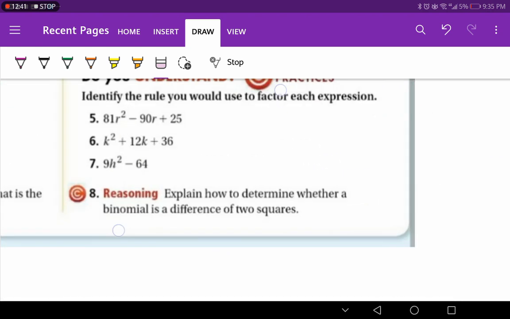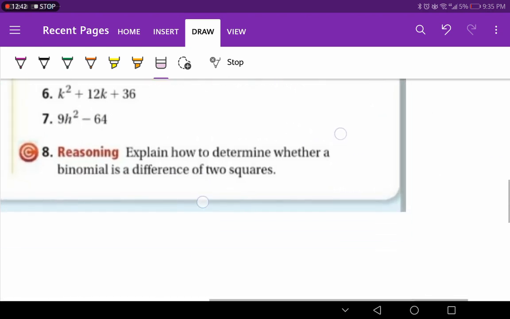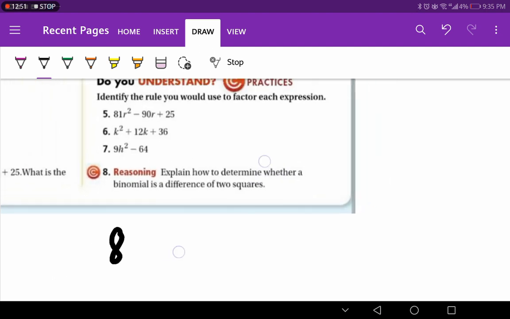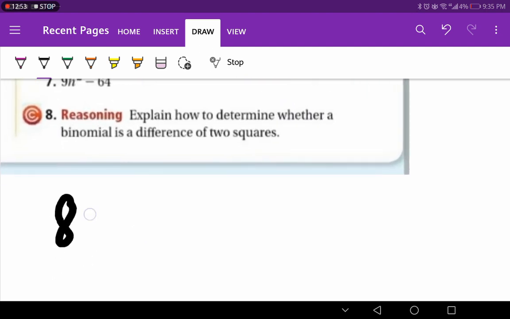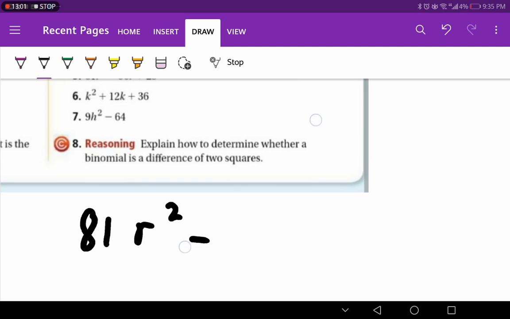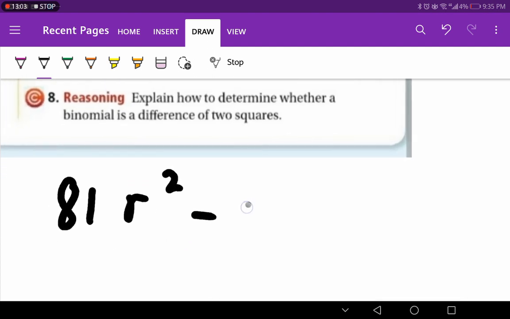So let us take this one, 81r square, okay, minus 90r plus 25.